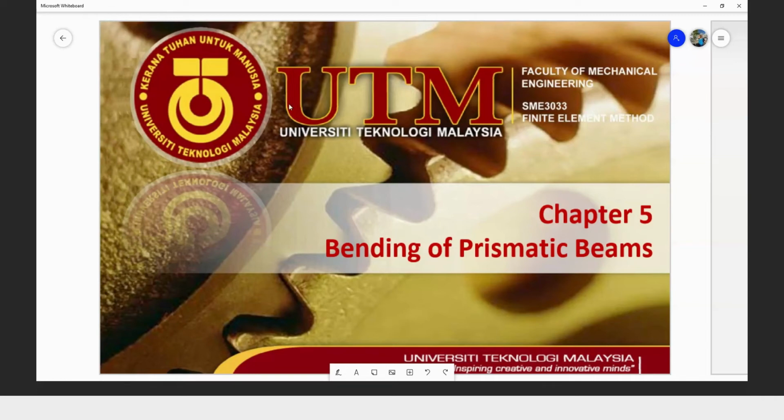Alright, so that's for a kind of structure which is under what we call it, axial deformation sahaja. So dia tak ada element of bending pun within that structures.